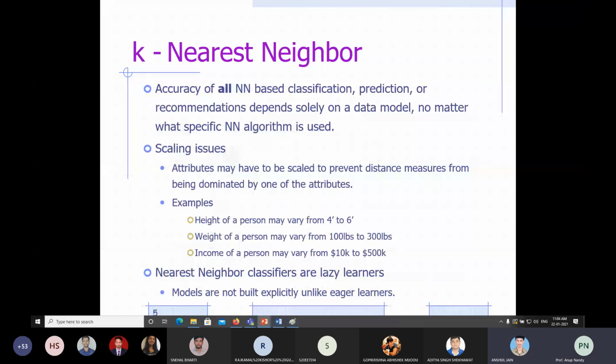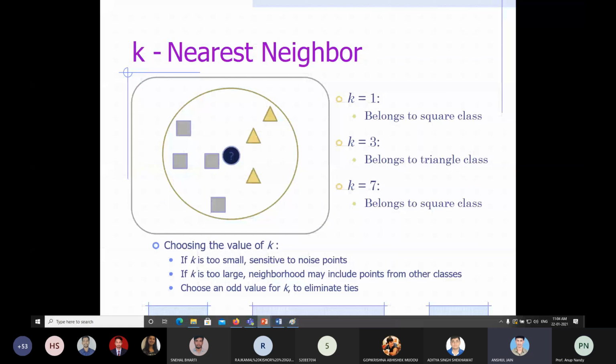Excuse me, sir. You said that we choose the value of k as odd so that there would be no ties or confusion in the decision. But sir, that would work only if there are only two classes. If there are more than two classes, then even if we choose an odd k, there can be two classes which have an equal number of points.